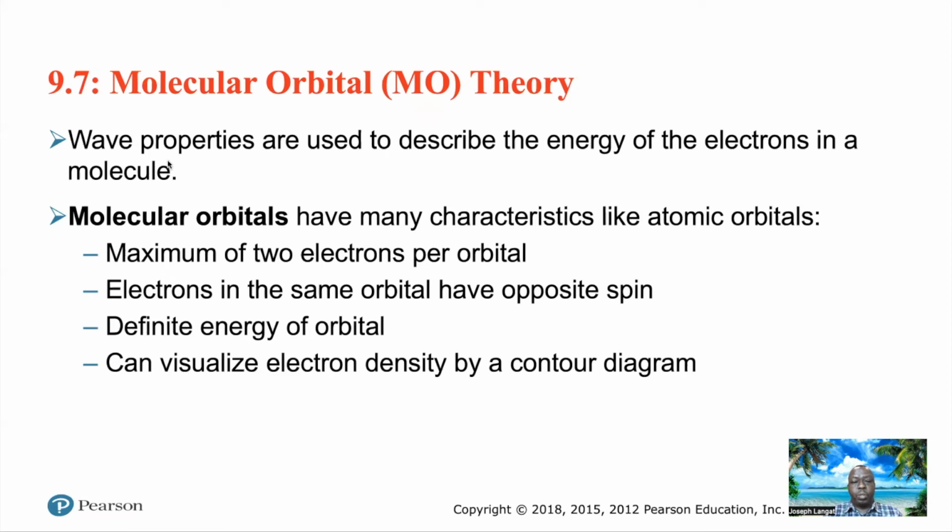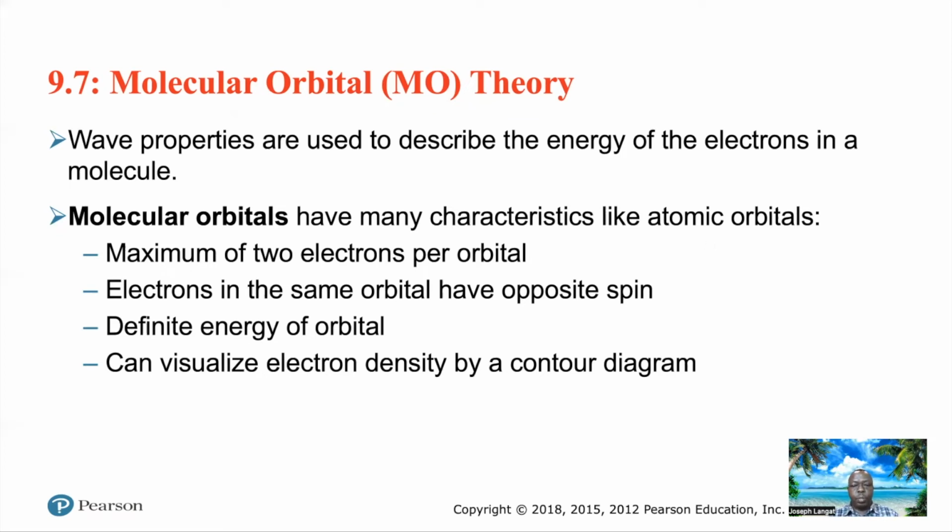Remember we have atomic orbitals and molecular orbitals. Molecular orbitals have many characteristics like atomic orbitals. This is an atom, this is an atom. When they combine, they form a molecule. A molecular orbital has a maximum of 2 electrons per orbital, just like an atomic orbital. These are properties of MO, molecular orbital.